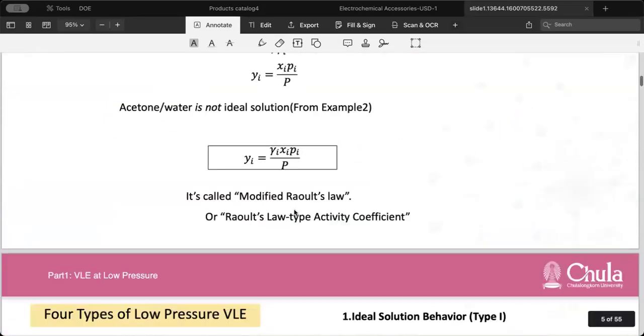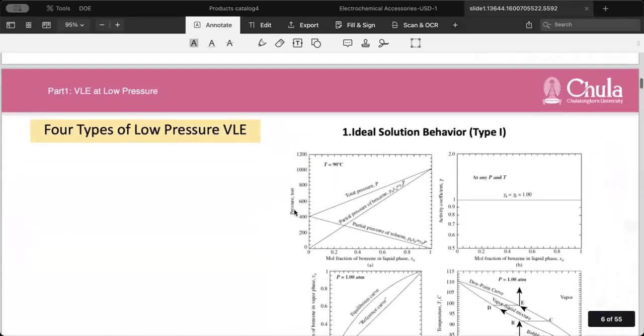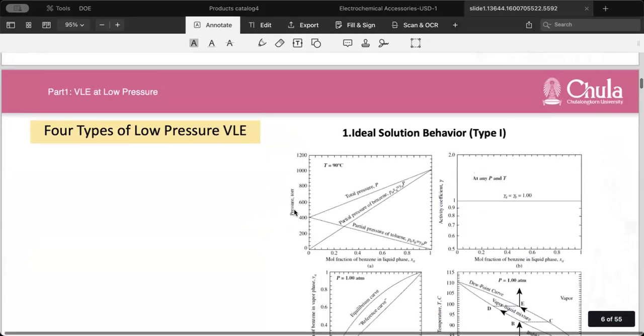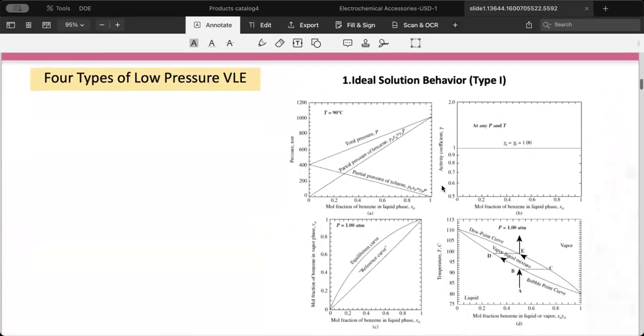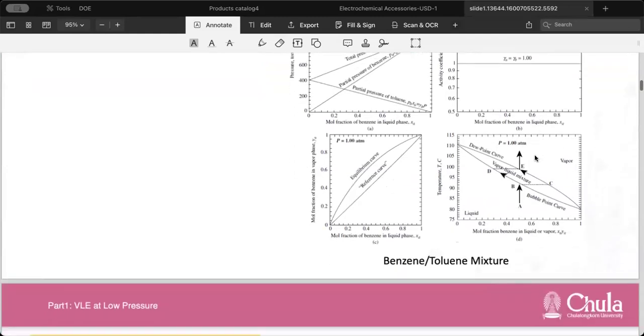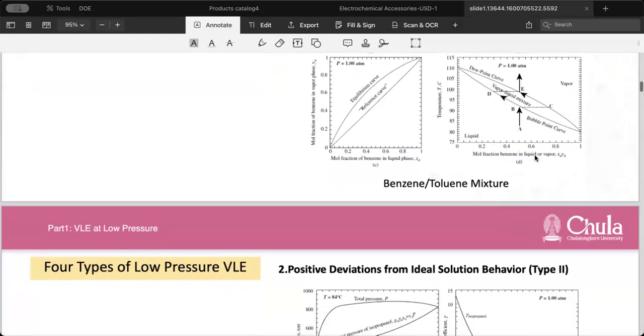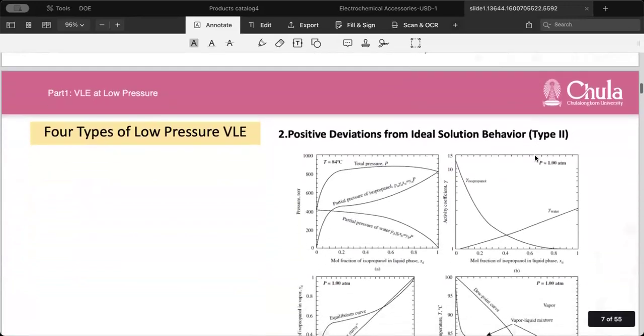Okay. And we learned about ideal solution, type 1 solution, where the activity coefficient gamma for both components must be 1, right? And the next one is type 2.